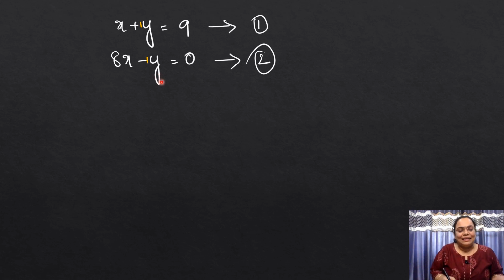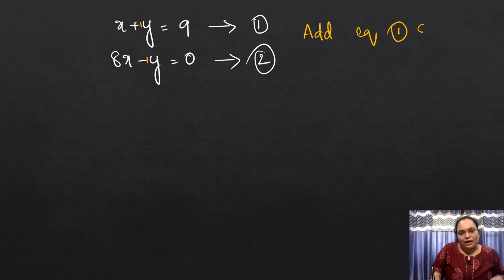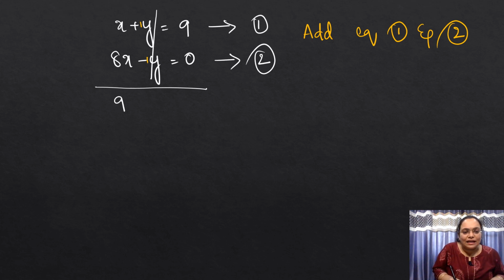By adding them. So, add equation 1 and 2. If you add equation 1 and 2, the y will be cancelled. You will get 9x is equal to 9. X is equal to 9 divided by 9, which is 1. You will get x is equal to 1.